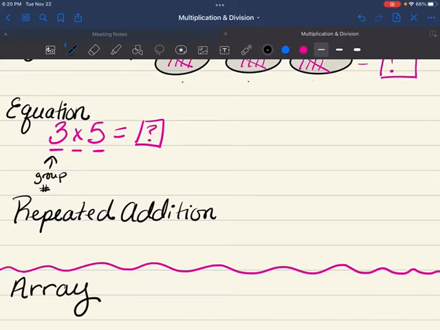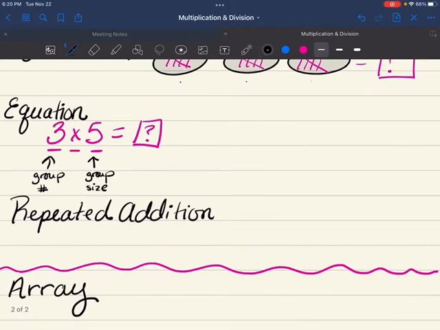We have 3 students, or 3 groups. And then our second factor is going to represent our group size. How many cupcakes is Miss G going to pass out to each student? So inside each group, there are 5 cupcakes. And then finally, we have our total, which we call our product.